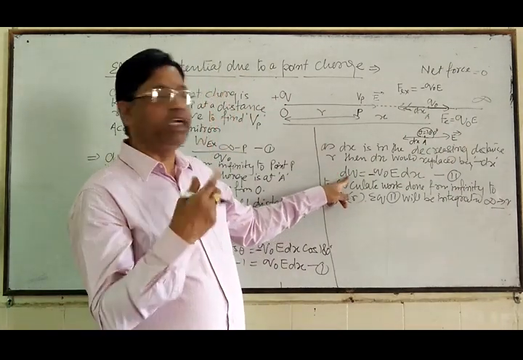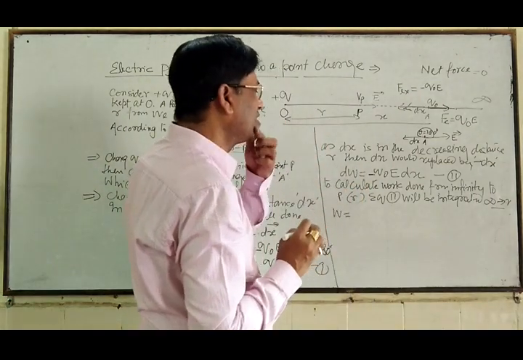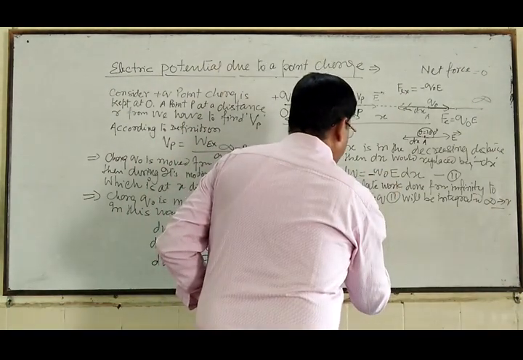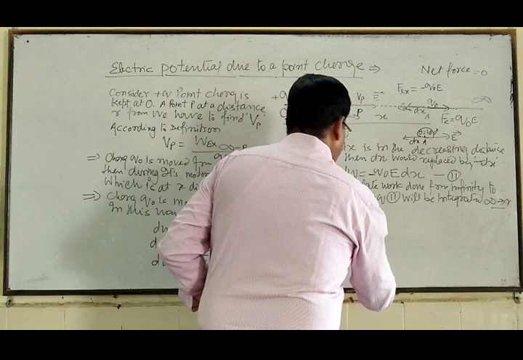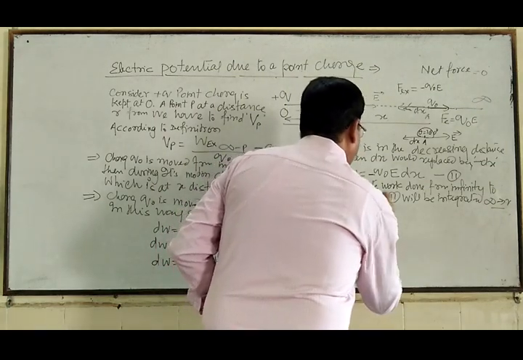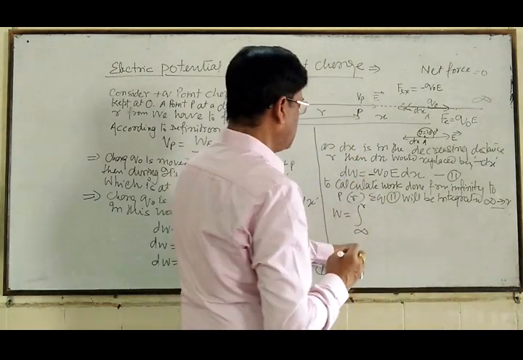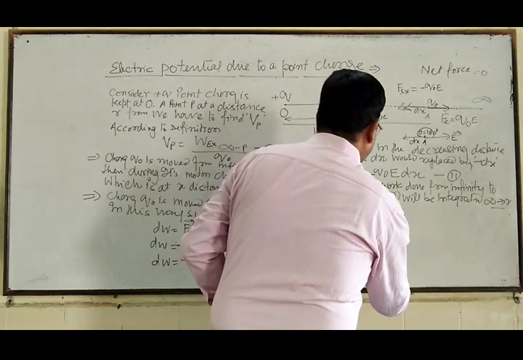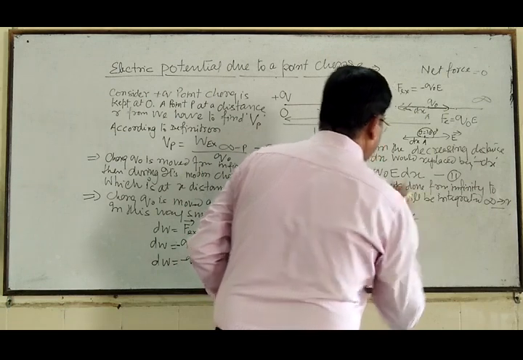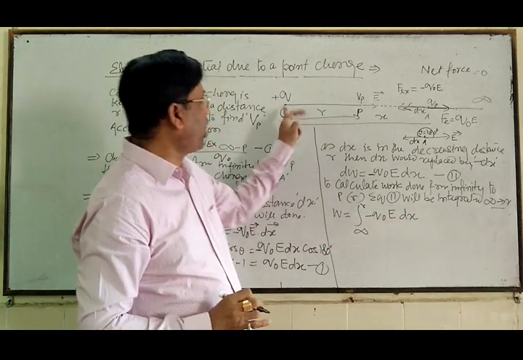The integration dW would be W, and minus Q naught, that is integration from infinity to r. R is the small distance. It is minus Q naught E dx. And dear students, value of this E you know due to a point charge.